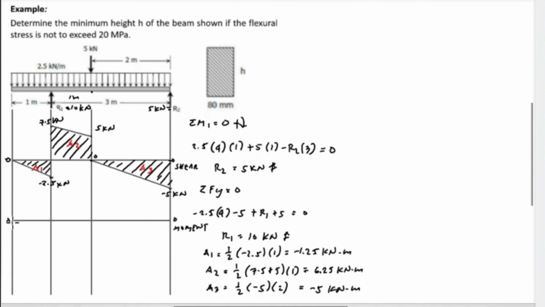From 0, we have area 1, which is negative 1.25, so this will be negative 1.25 kilonewton meter, and the shape is horizontal, diagonal, and curve, and it is concave downward. So from 0 up to negative 1.25.